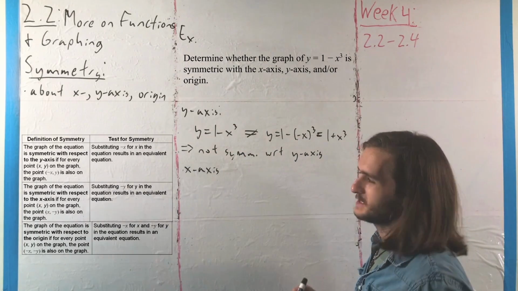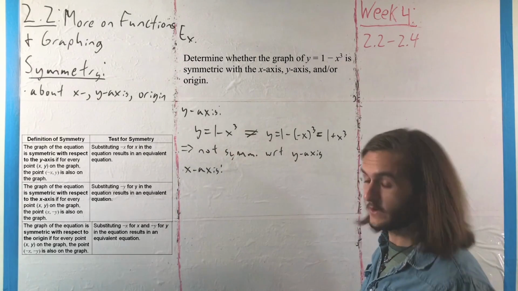Then for the x-axis, we're going to play a very similar game. I'm going to skip writing that same step at the front there, just to save myself a little bit of space because I'm running low.